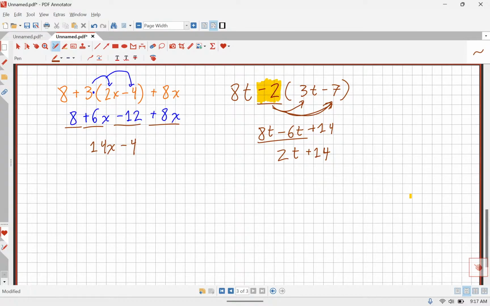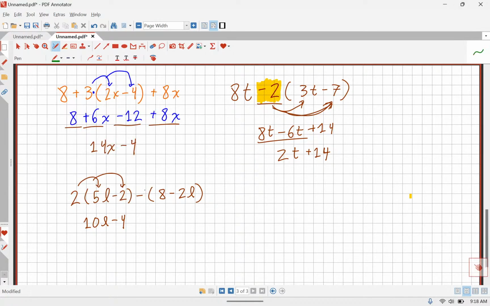I'm going to do one more, but I'm going to do this one with you. If you had something like this, got a pencil? 2 open parentheses 5l minus 2 close parentheses minus open parentheses 8 minus 2l, something like this. To do something like that, we would start by distributing. 2 times 5l is 10l, 2 times negative 2 is negative 4.